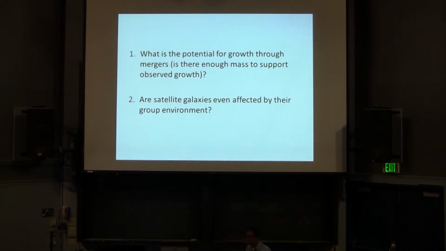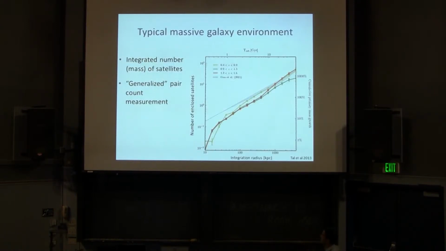To answer the first question, I can do that very quickly using the radial distribution curves that I showed you just before. Now I'm integrating over those curves in radius. This is the total number of enclosed satellites as a function of integration radius.